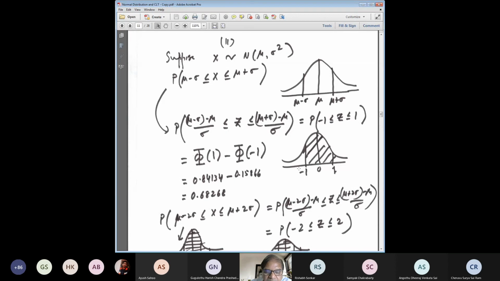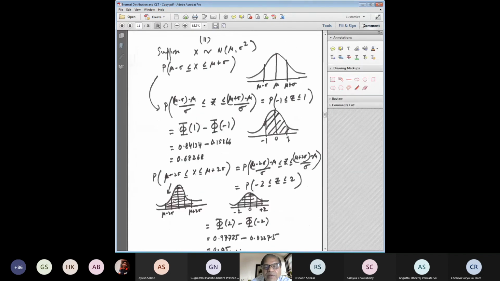Then -1 is on this side, so minus infinity to -1. If you subtract it from the larger area, is that okay? Won't it be included? No, it won't be included. How will you do it? You are taking the whole area from here to here, which represents minus infinity to 1. Will it cover it or not?